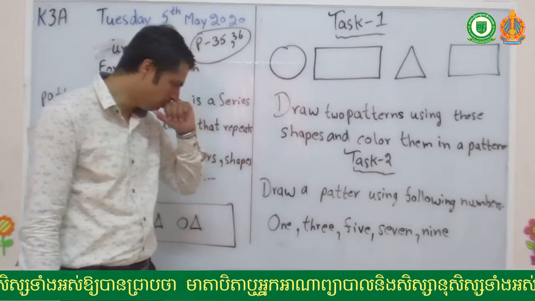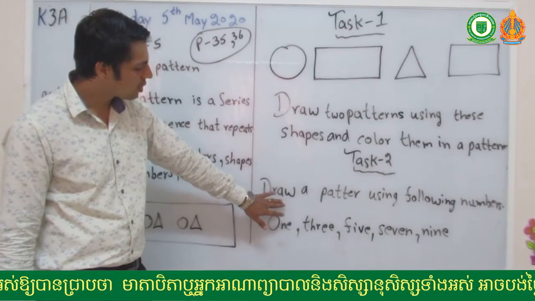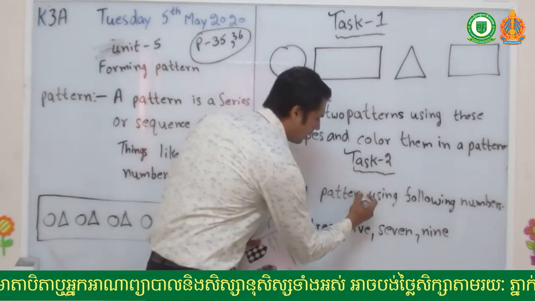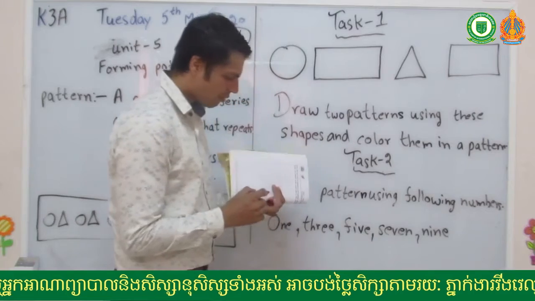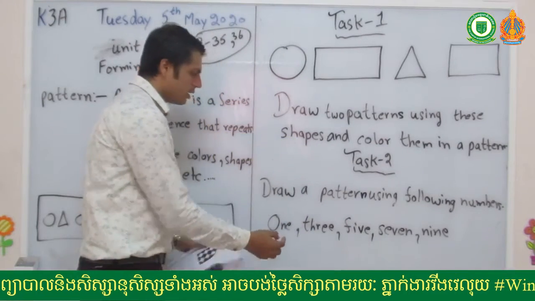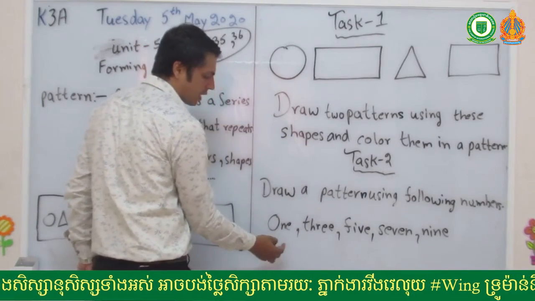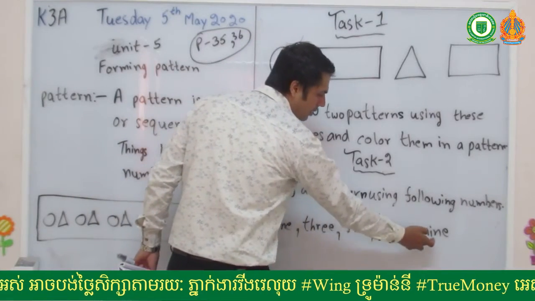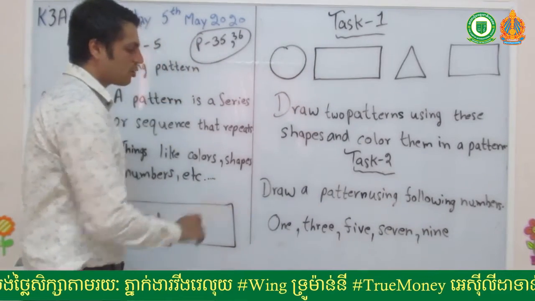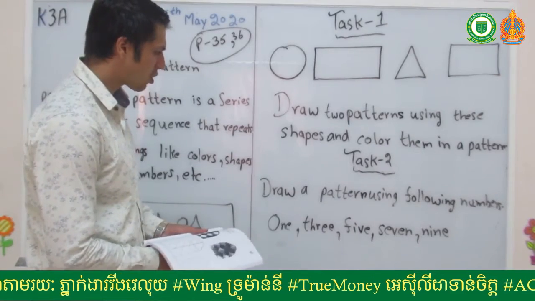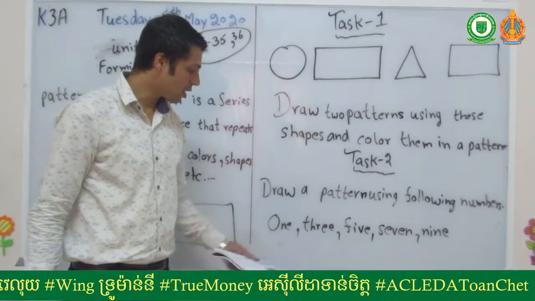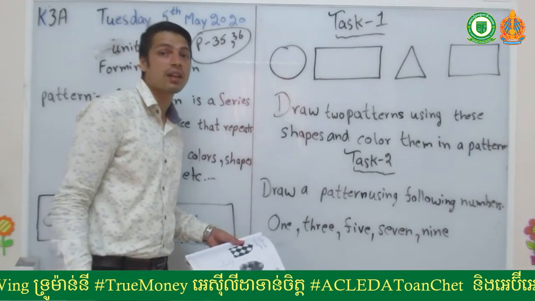Task 2. Draw a pattern using the following numbers. Now we have numbers in words here: 1, 3, 5, 7, 9. I want you to draw a pattern using these numbers, like I mentioned in the last video.